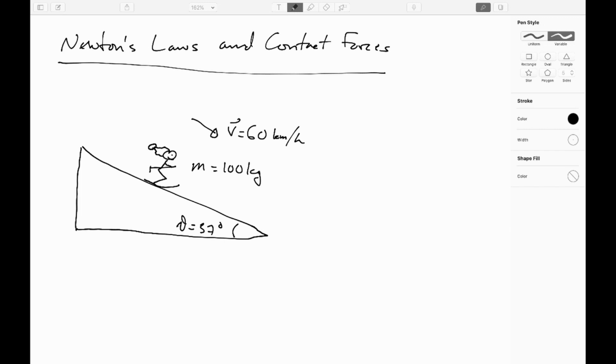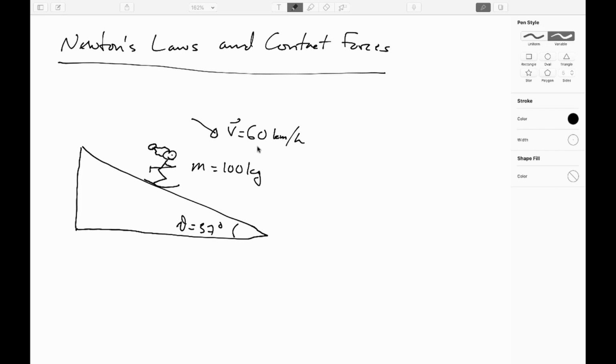So in this problem here, I have a skier that is going down a 37-degree slope at a velocity of 60 kilometers an hour. And we'll say that the skier is 100 kilograms with all their ski equipment.